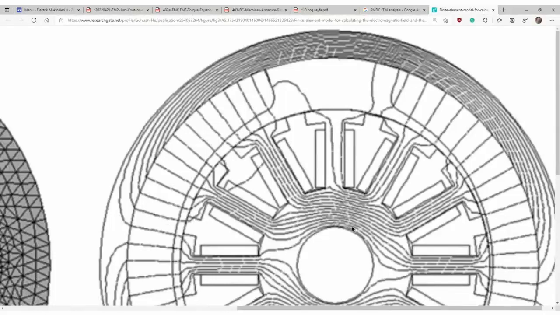There are two clues. They are always perpendicular to equipotential lines. So they always enter vertically, leave vertically, enter vertically.